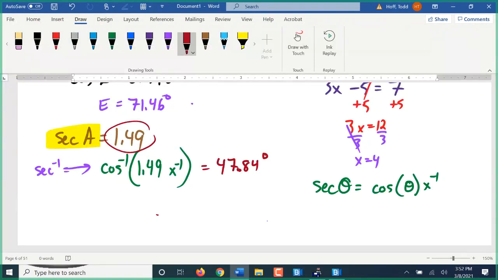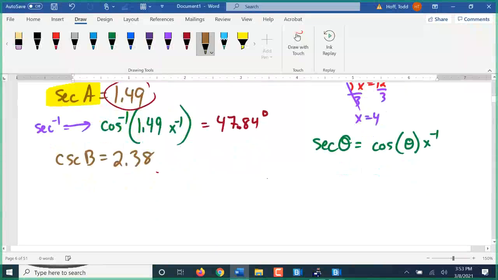So now you can probably guess, the cosecant of angle B is 2.38. How would I find angle B? Well, to find the inverse cosecant, I use what?